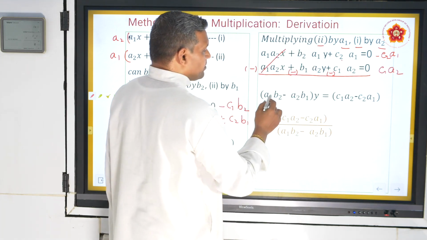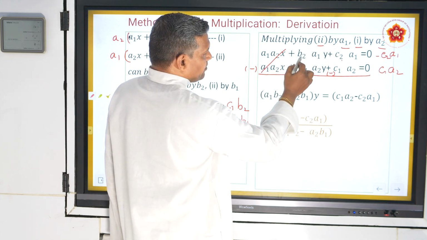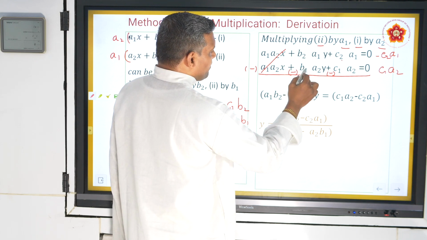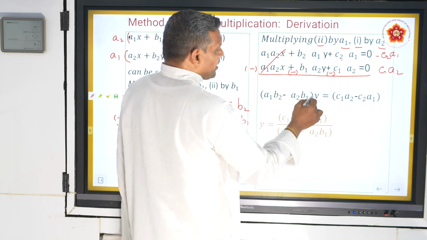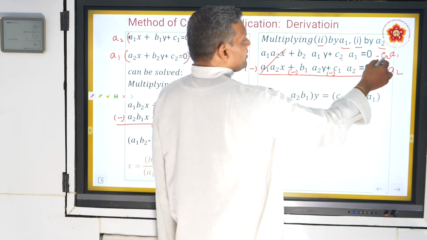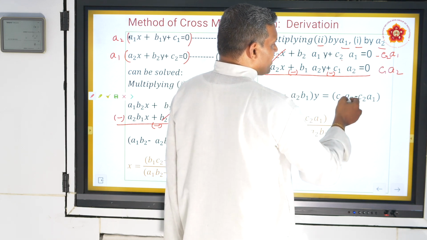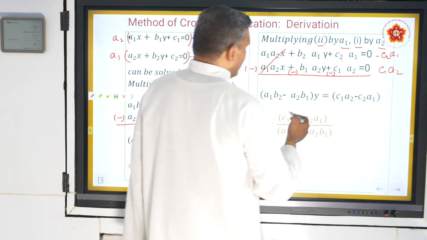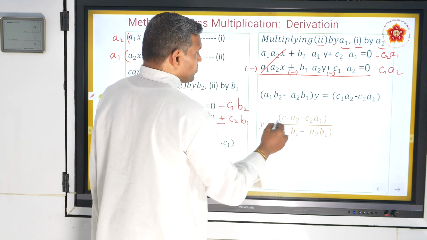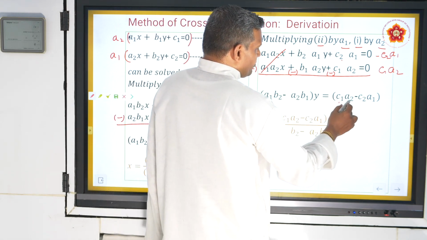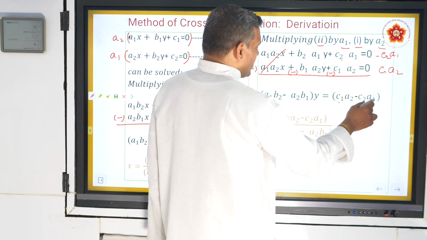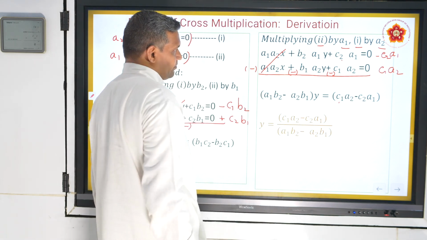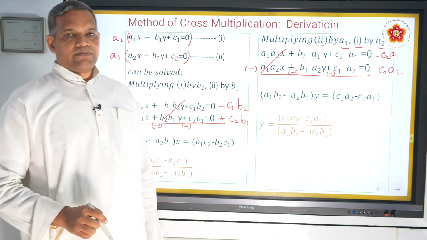So I write this subtraction b2 a1 minus b1 a2, then y I have taken common. Positive I will write first, and then negative consecutively I write next. Then y is equal to c1 a2 minus c2 a1 by a1 b2 minus a2 b1. So this is the derivation part.